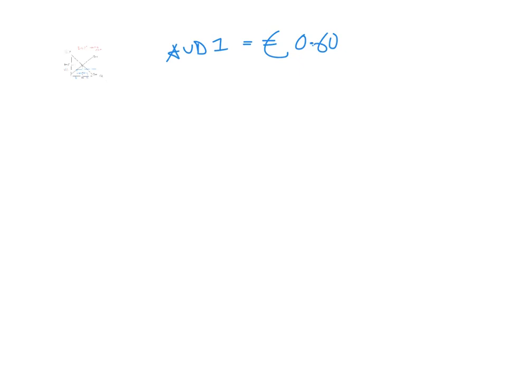Okay, so that's an exchange rate. All we're saying is this is a price. 1 Australian dollar will get you 60 cents. That's the price at which it changes for another, right? So that's simply it. Right?